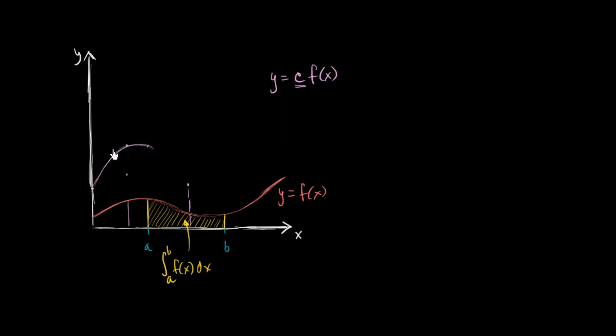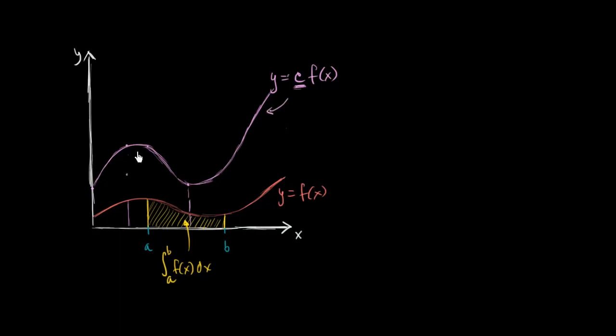It's a scaled version of f of x, and what I'm drawing is pretty close to 3 times f of x. It's going to look something like this. This is a scaled version, and I assumed a positive c greater than 0, but this is just for visualization purposes.